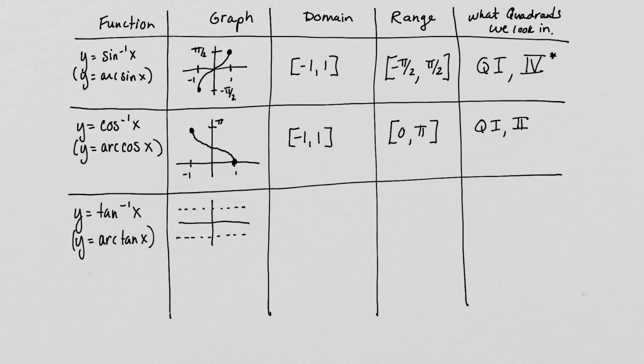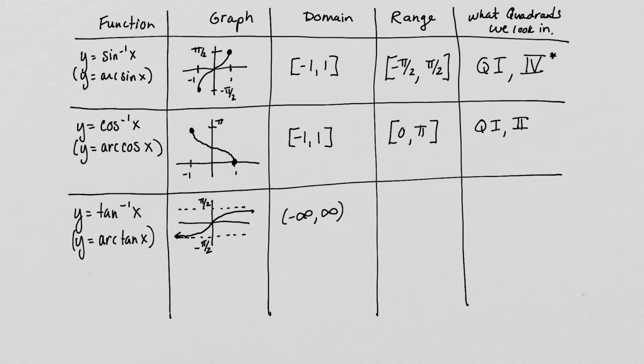And so our function looks like this. This is pi over 2, and this is minus pi over 2. So the domain here is from minus infinity to infinity.